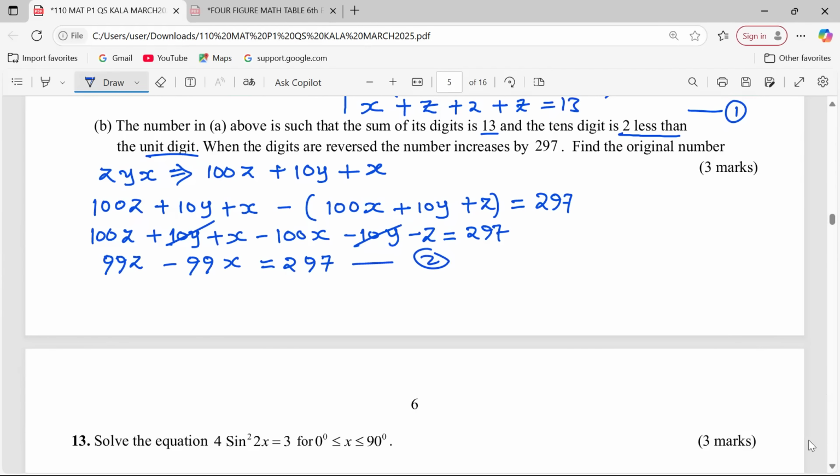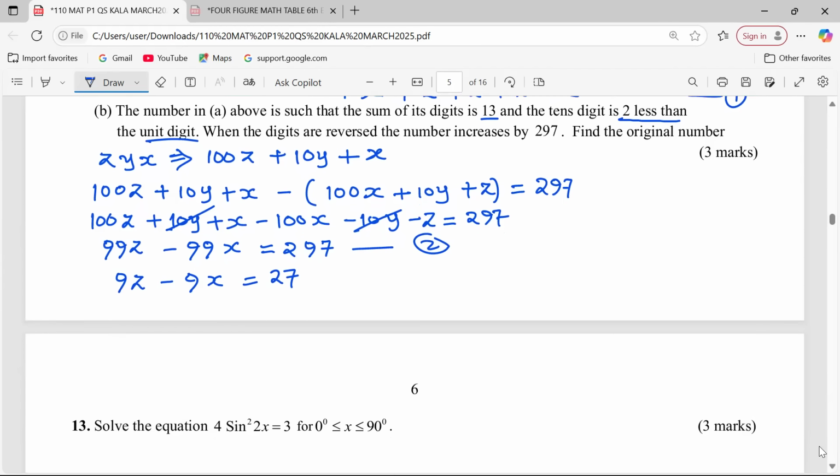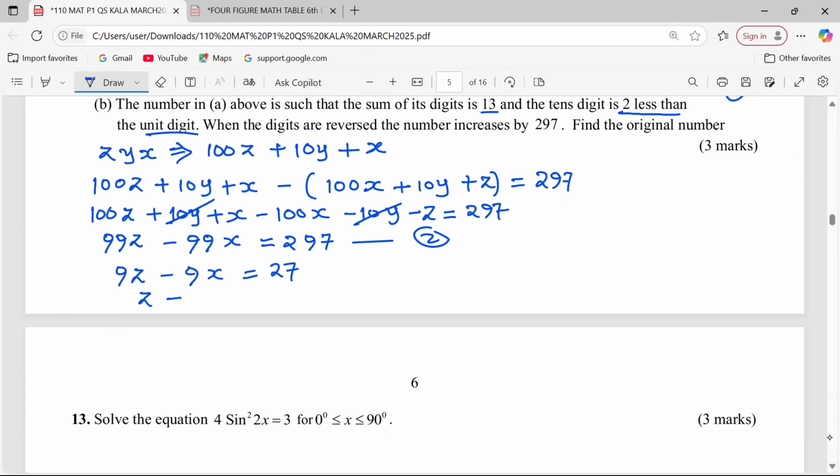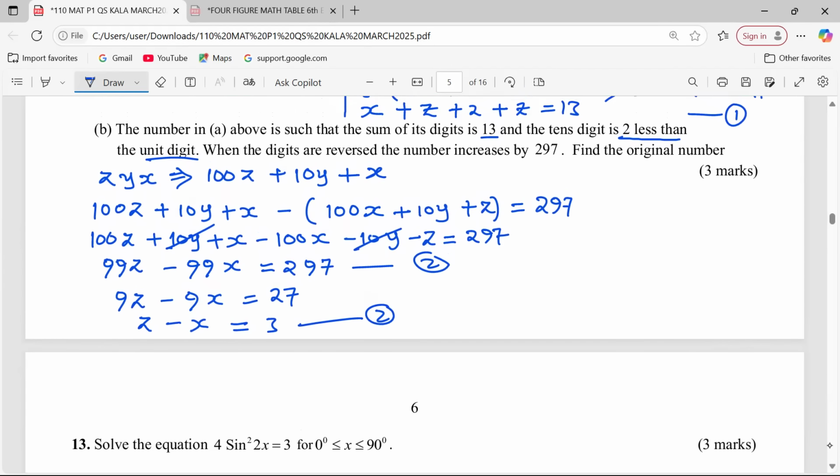It can also be simplified. Dividing by 11, I will be getting 9Z minus 9X equals 297 over 11, which is 27. We can further simplify by 9 to get Z minus X equals 3.